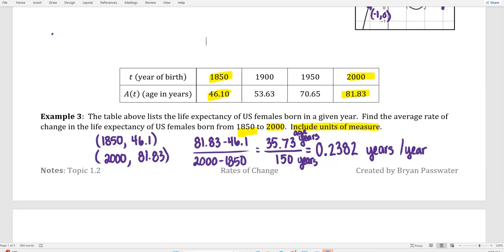When I just write years per year, that seems crazy, right? But what we're talking about is life expectancy is increasing by about a quarter of a year every year that goes by. So it's a little confusing to look at, but if we really walk through it, we can see what it means. All right.